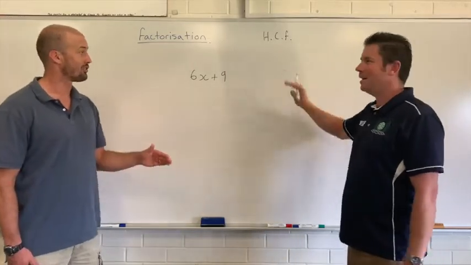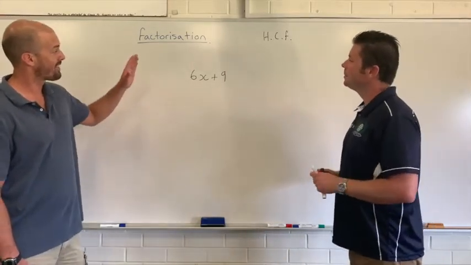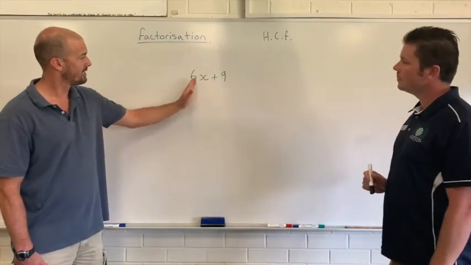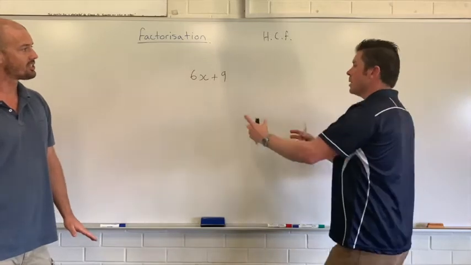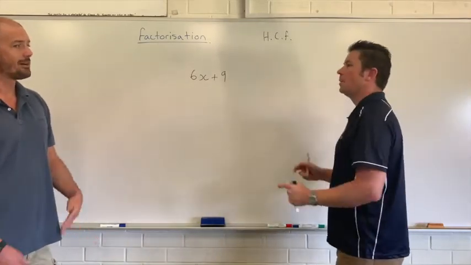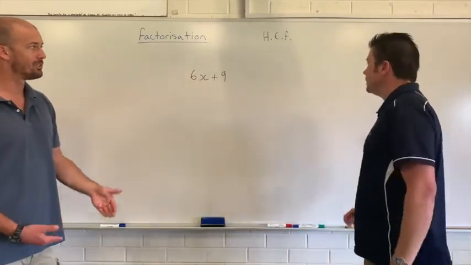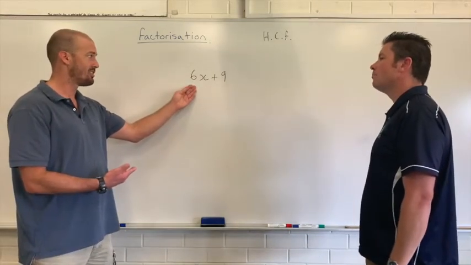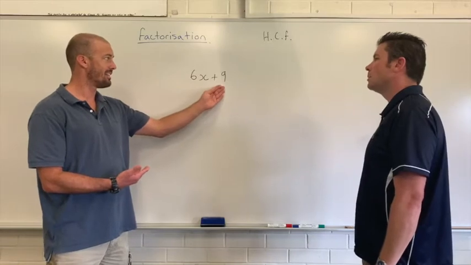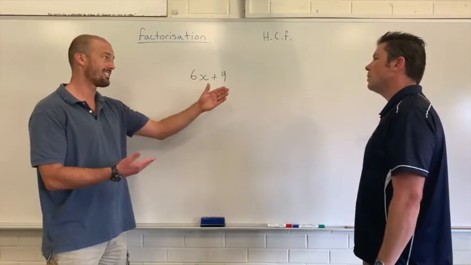Highest common factor between 6 and 9. We're looking for the biggest number that goes into 6 and 9. 1 times 6 is 6 and 1 times 9 is 9, but that's not the highest.